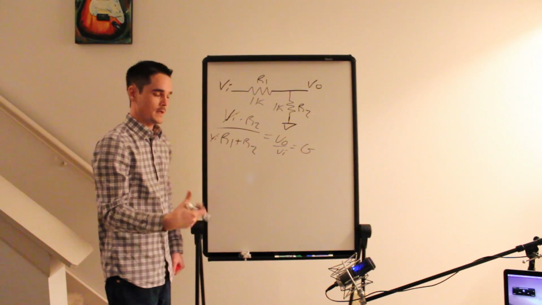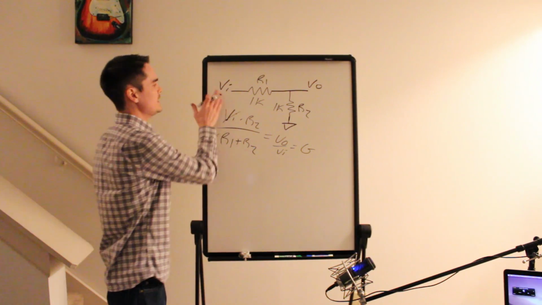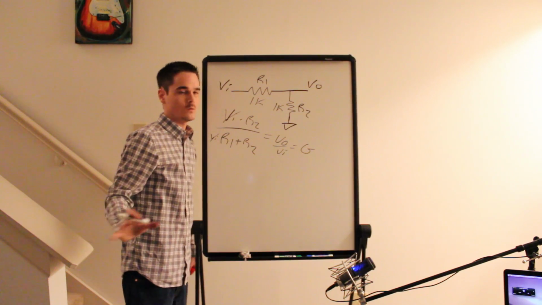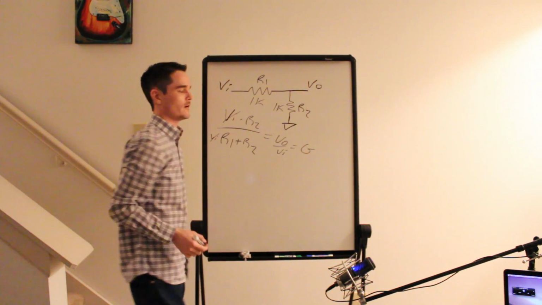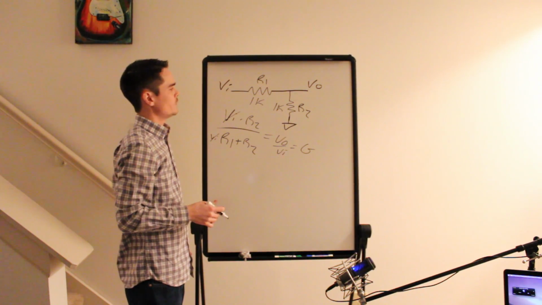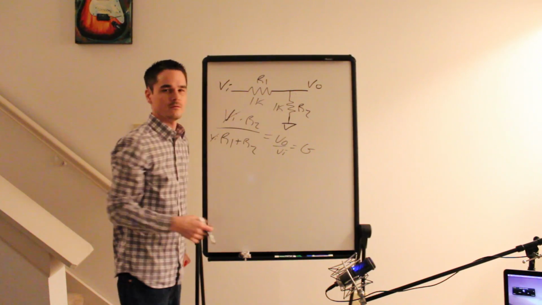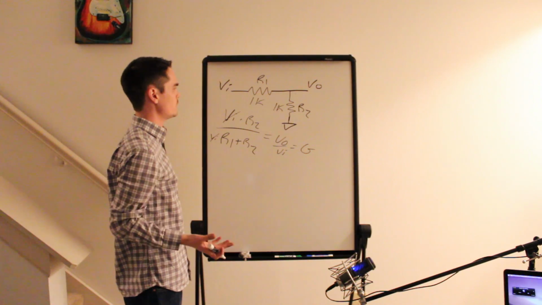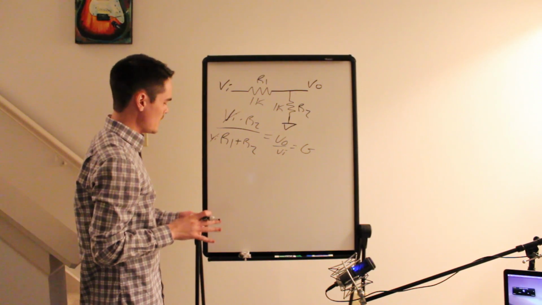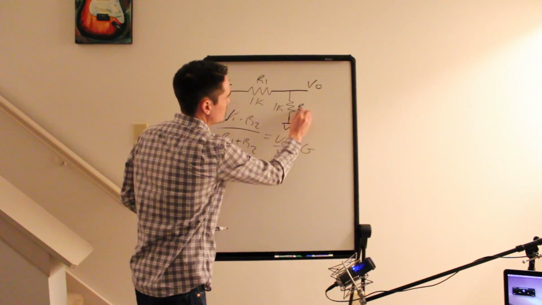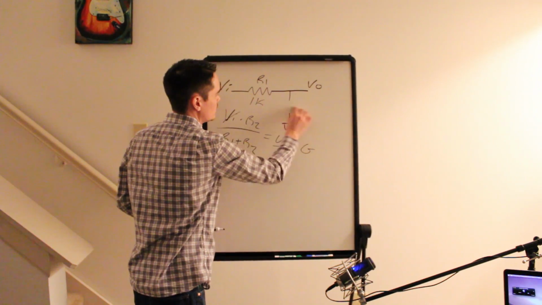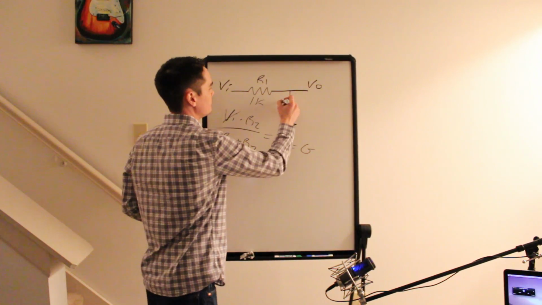So it's 1 over 2. The gain is 1/2. That means anything we put here, no matter what frequency, we'll multiply by 1/2. So if we put a 5 here, we're going to get 2.5 volts out. Pretty straightforward. Now, what if we put that capacitor back here?